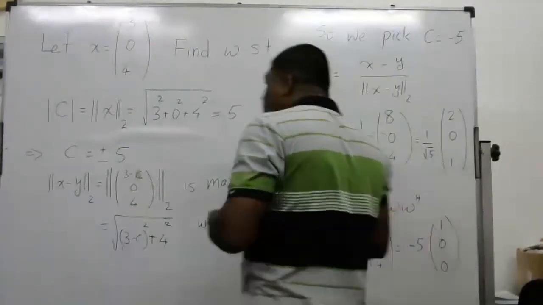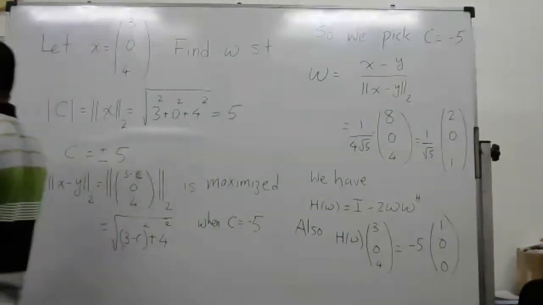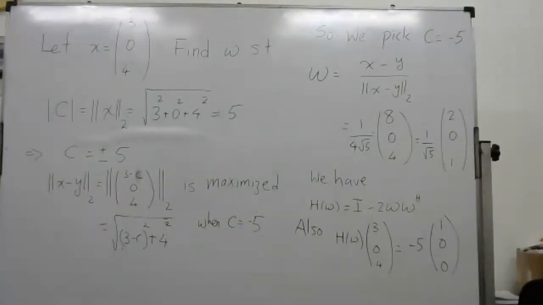By theory, we all know that H omega times x is equal to c times e1. So H omega times (3, 0, 4) should be equal to minus 5 times (1, 0, 0). That is obvious, so we can avoid doing the computation because we already proved this in the theory.